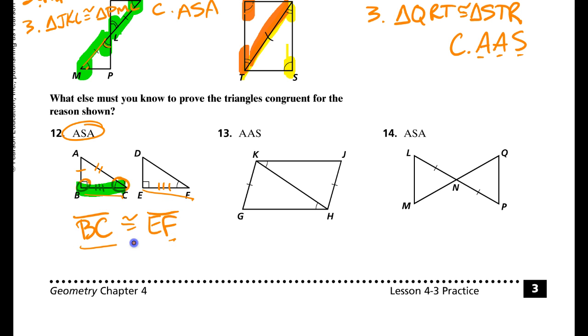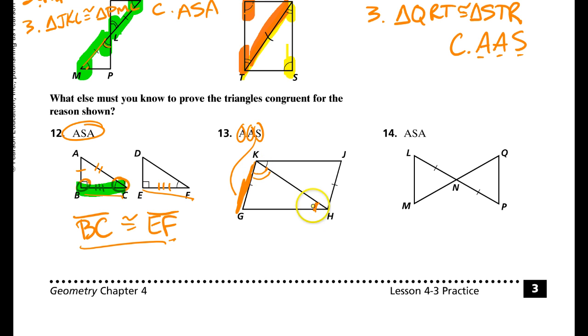This segment congruence statement. Now here, if I'm trying to prove angle, angle side, well, the side must be this one that they're talking about. And let's see here. I've got this angle. So if I'm trying to go angle, angle, side, I could either go from here and then go up to this angle.